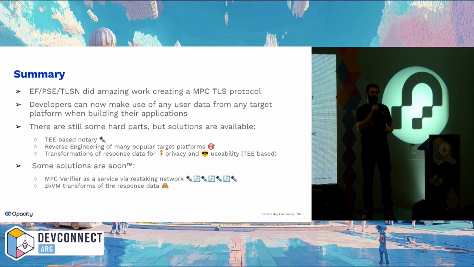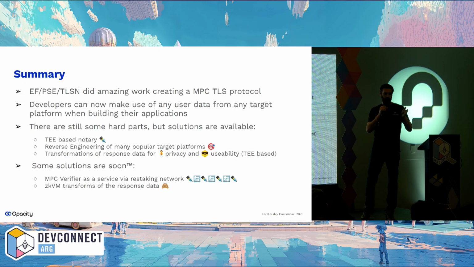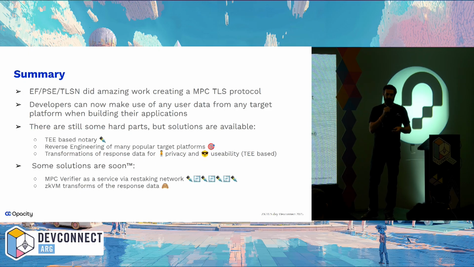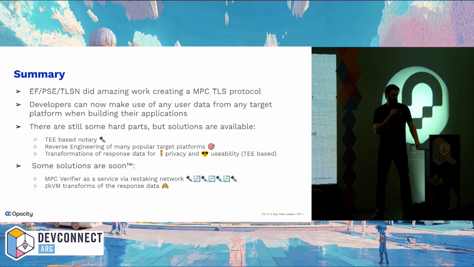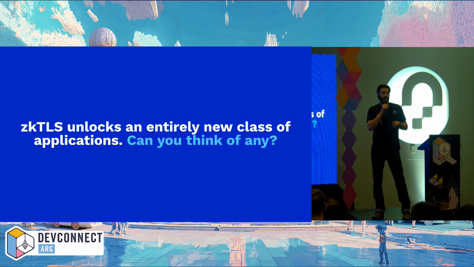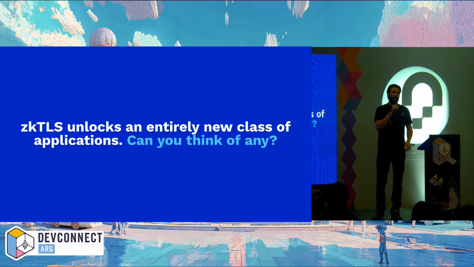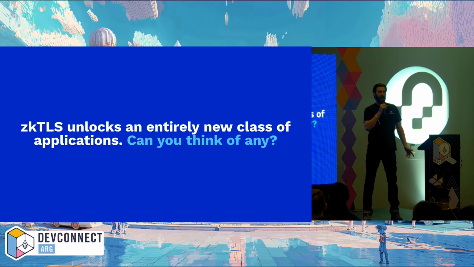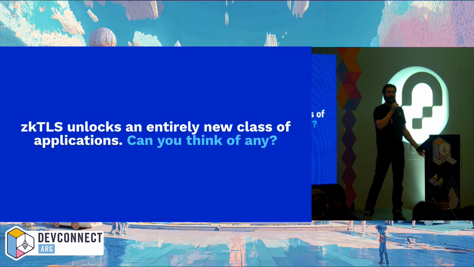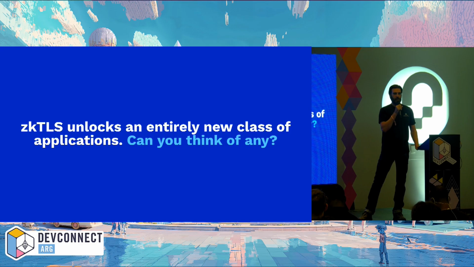Coming soon, we've got what we've been calling internally the big enchilada, which is a restaking network-based notary network, and ZK transformation on all of the response data. So we're super excited to see what is going to be built with this technology. It should be a major unlock. Now there is way more data. All of the data is available for your app. So what are you going to build?